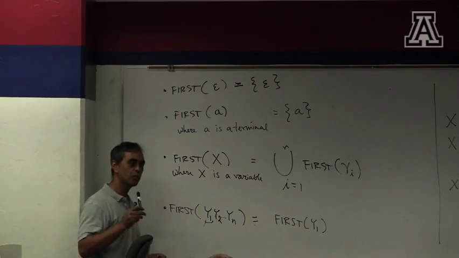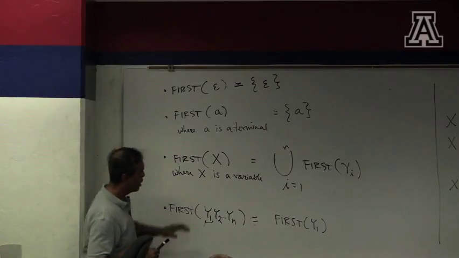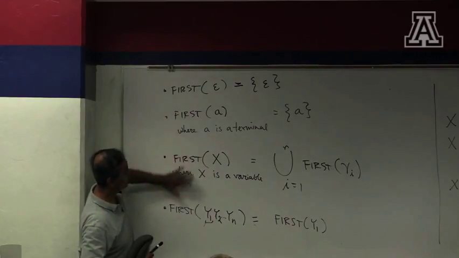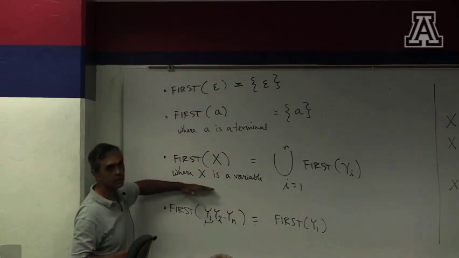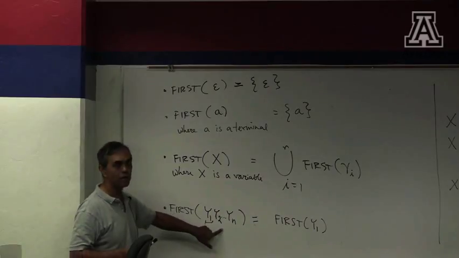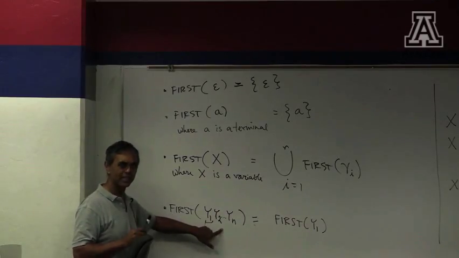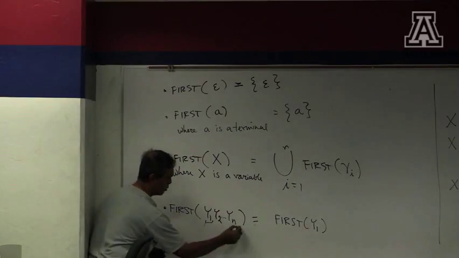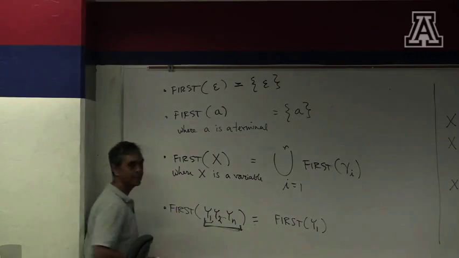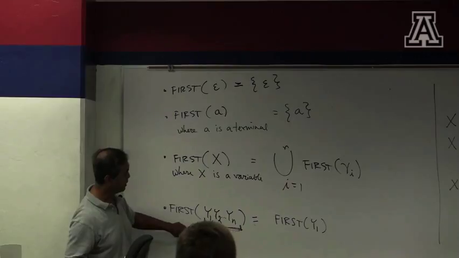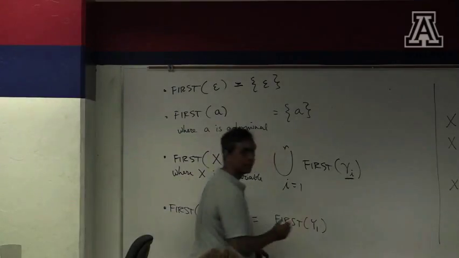So I haven't written this down yet, and I won't write that down today. What I'll do is when we start on Wednesday, I'll pick up this part you guys have figured out. This is good. This is the one part that remains to be done. This part needs a little bit of work. Once we figure out how to compute the first for a sequence of symbols, then we'll know how to do this part.